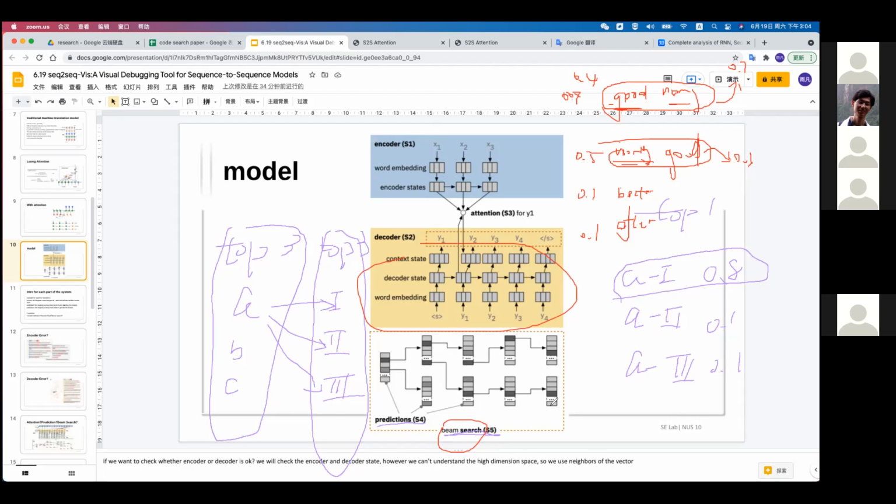I get her question, but actually we didn't need to use this probability in the beam search. You just need to choose the top three, and then you will get many possible sequences, and then you compute the sequence probability, but not just multiply all the token probabilities.